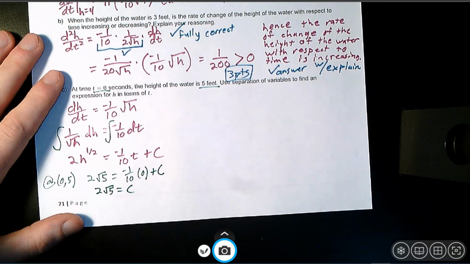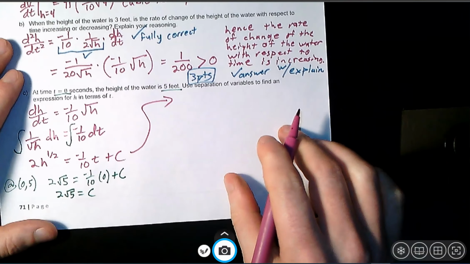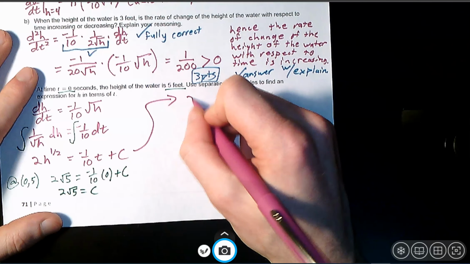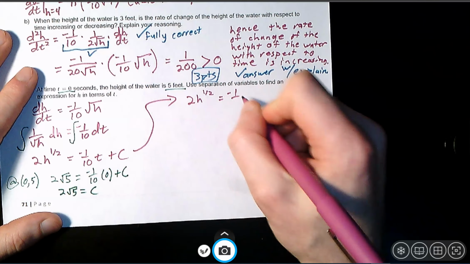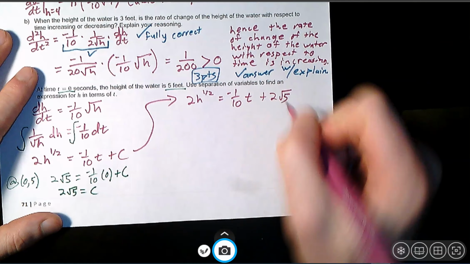And I'm able to then continue on. Let me come over here with a little bit more room, and I'll plug back in with my Charlie. So 2h to the 1/2 power is equal to -1 over 10 t plus 2 square roots of 5 right there.